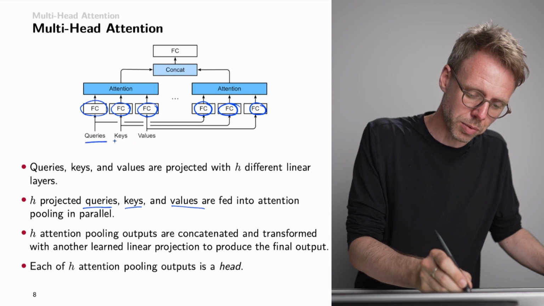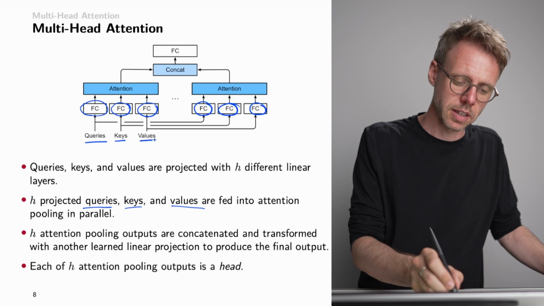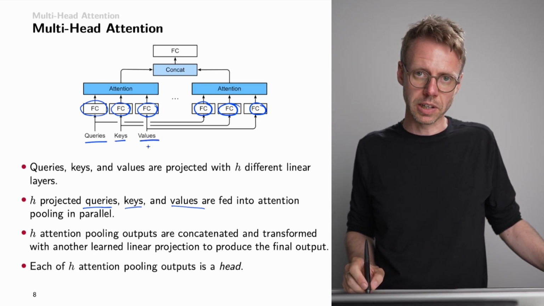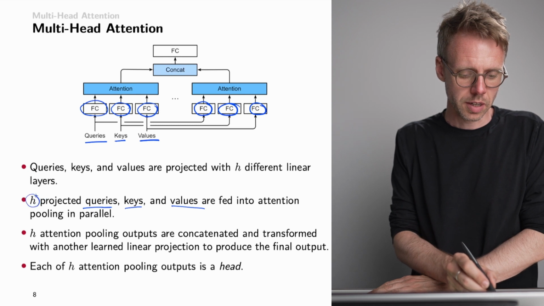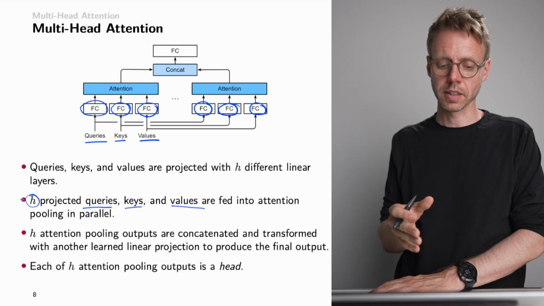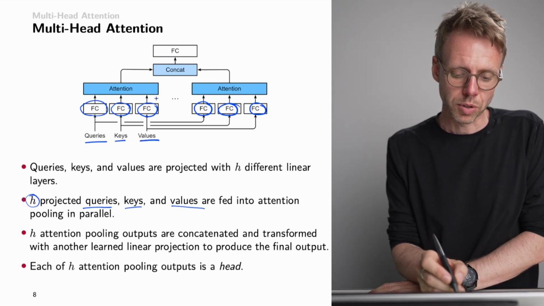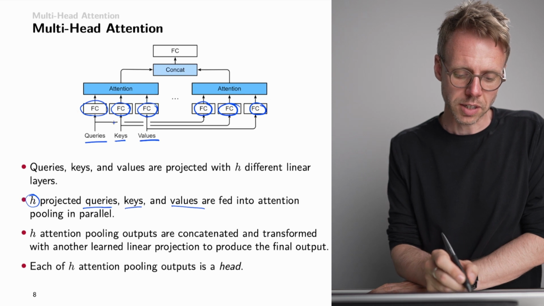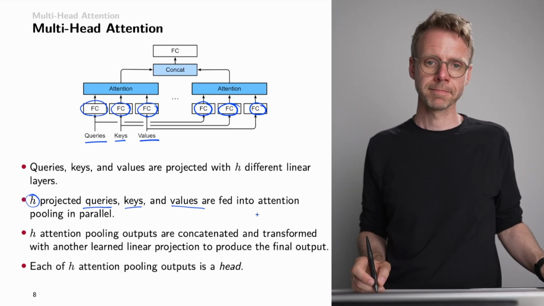You started out with just one set of queries, one set of keys, and one set of values. Now you have h of these transformed queries, keys, and values. And now you take these transformed q, k, and v to compute attention.